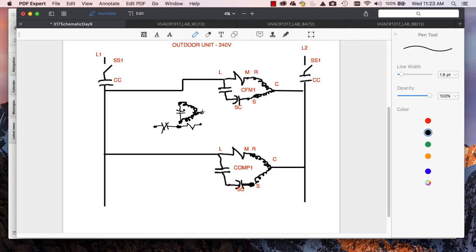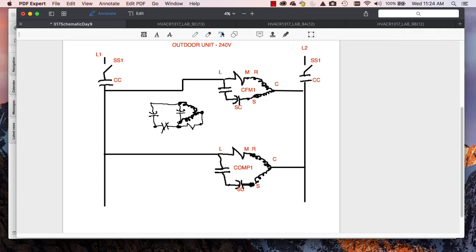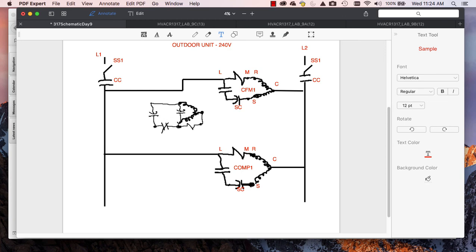Pin 5 connects to common. Pin 2 connects to start. And then we have a start cap that connects there. Now in this case, I'm going to label next. That's an SC. Might as well get the run cap while I'm there.